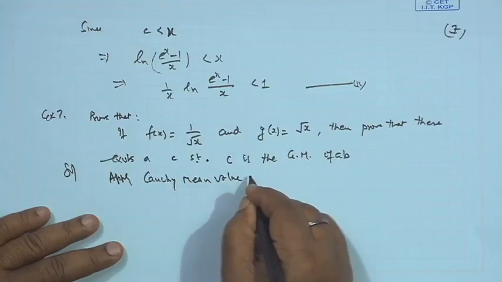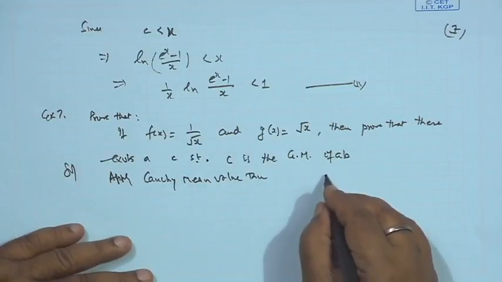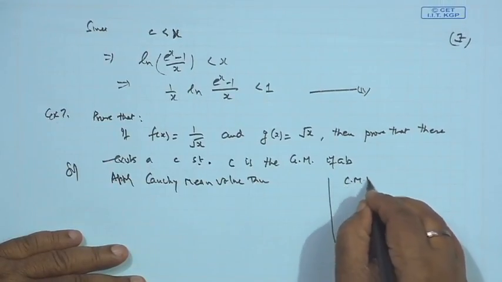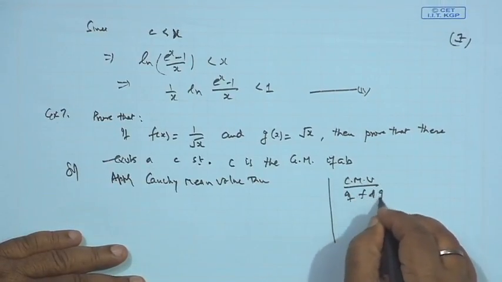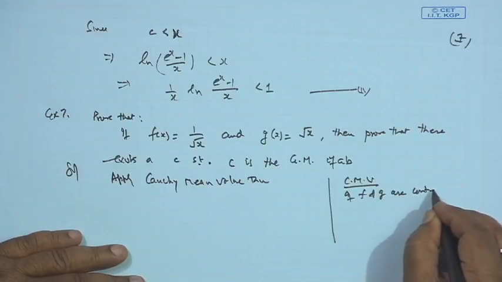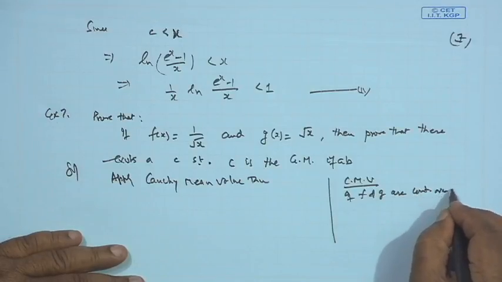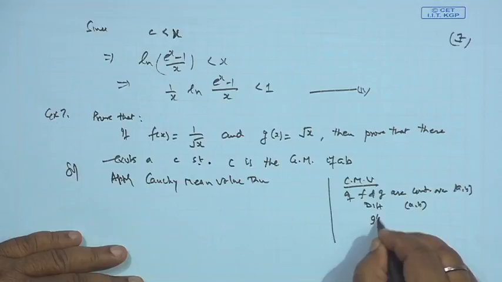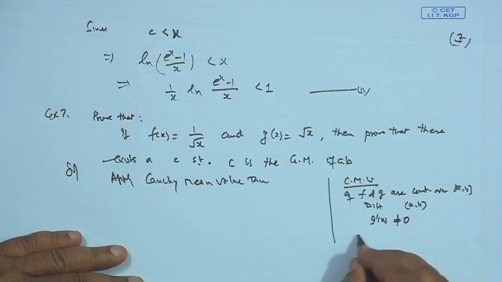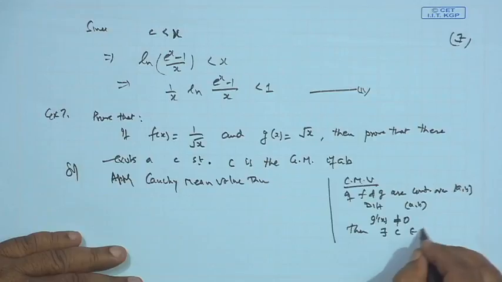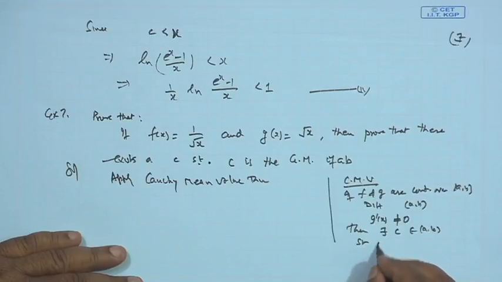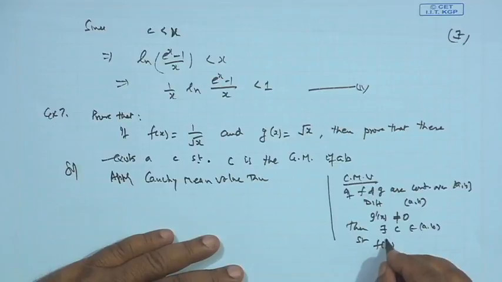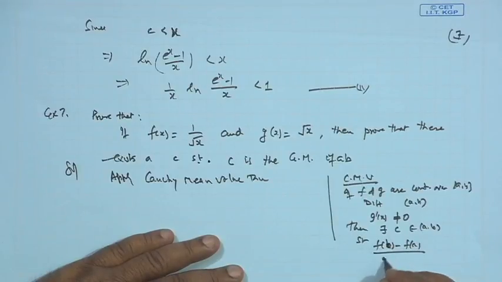What the Cauchy mean value theorem says is, if f and g are continuous over the interval [a, b], differentiable on the open interval (a, b), and g'(x) is not equal to 0, then there exists a point c in the interval (a, b) such that (f(b) - f(a))/(g(b) - g(a)) = f'(c)/g'(c).